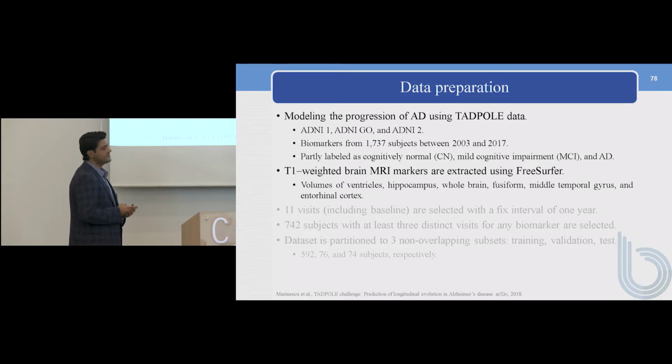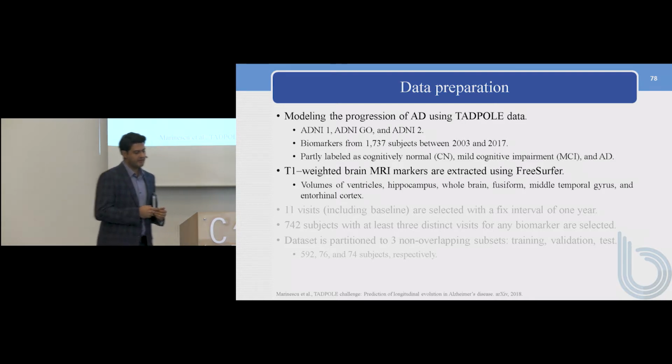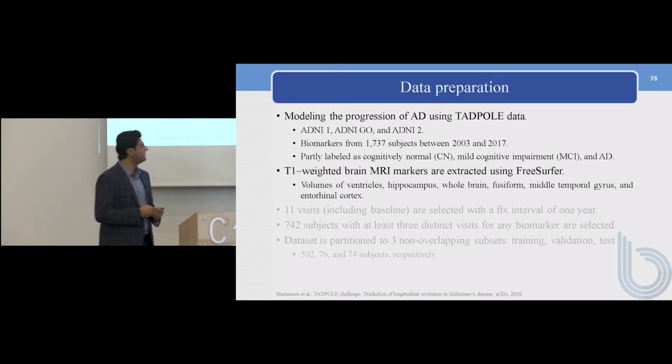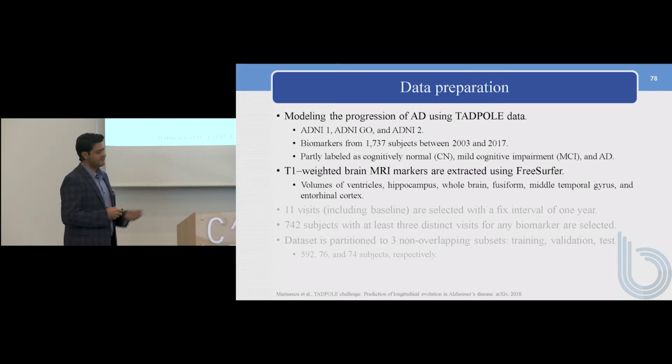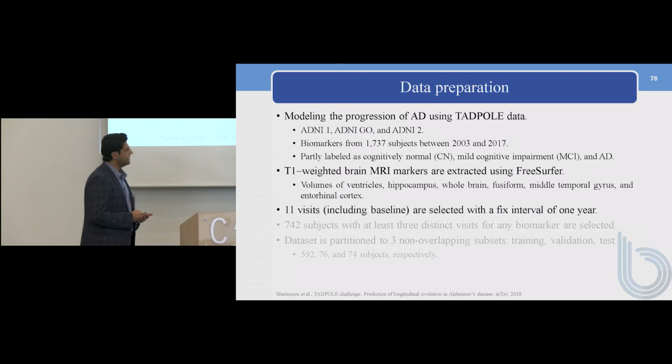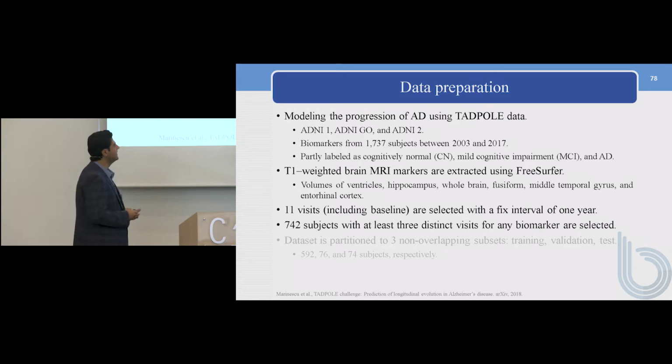We use T1-weighted brain MRI biomarkers, extracted using the FreeSurfer tool. We use the volumes of ventricles, hippocampus, whole brain, fusiform, middle temporal gyrus, and entorhinal cortex. We use 11 visits, including the baseline, with a fixed interval of 1 year.